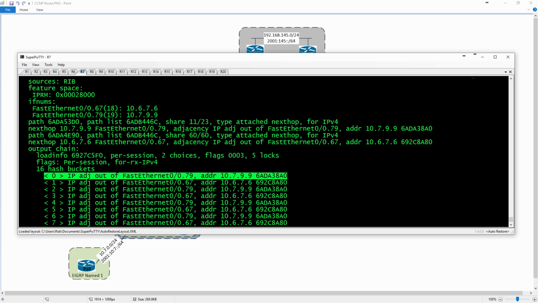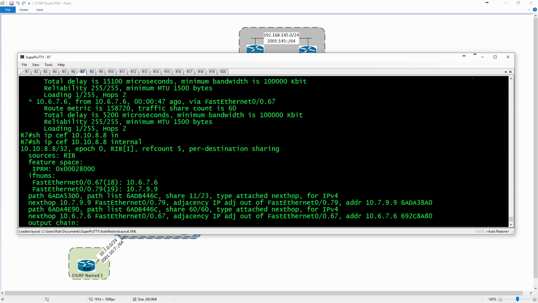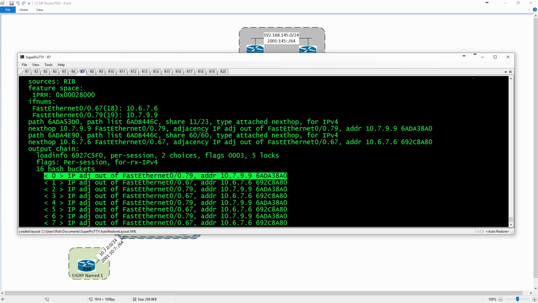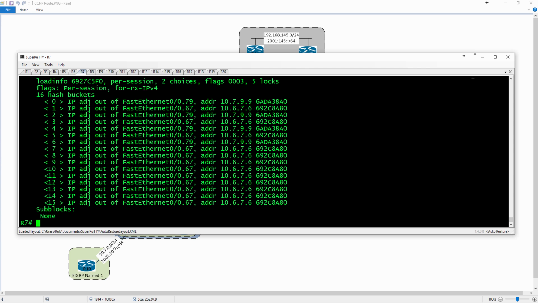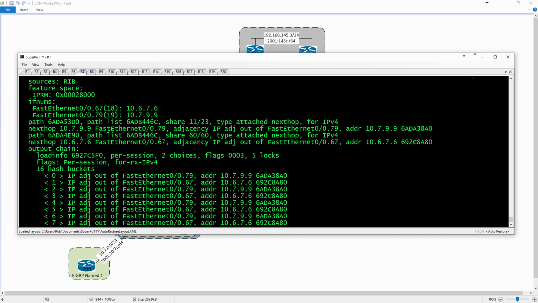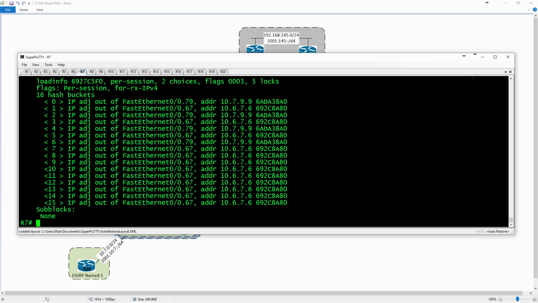It's not a routing issue. And you might say, okay, well, how is it not a routing issue? The reason why it's not a routing issue is because I have two routes to the same destination. EIGRP is going, based off of the difference in weight. You'll see that if we look at the hash buckets, there's 16 of them, so 0 through 15.